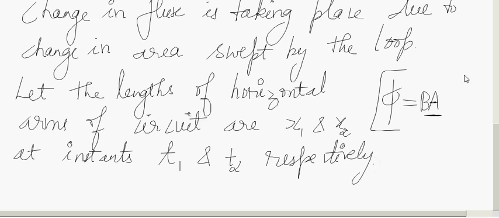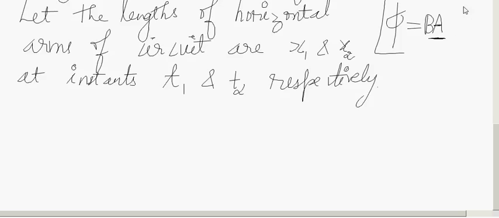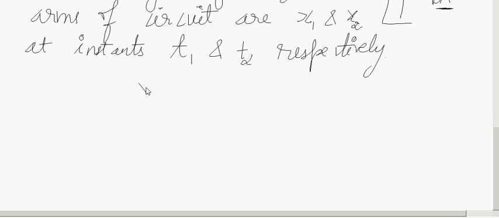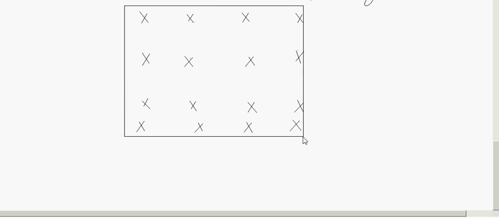Let me show you the figure. Now we have the uniform magnetic field B, and the rod is moved in this magnetic field.